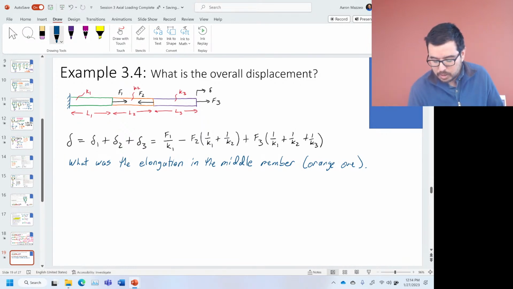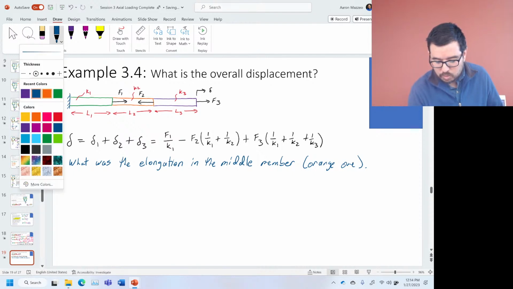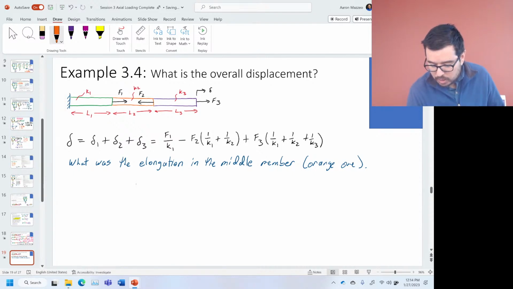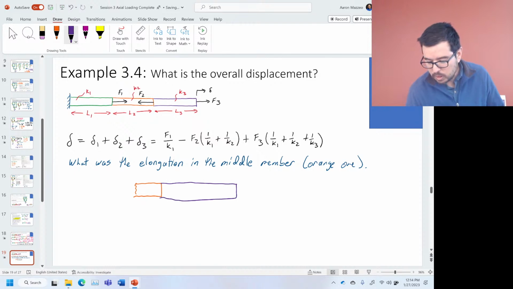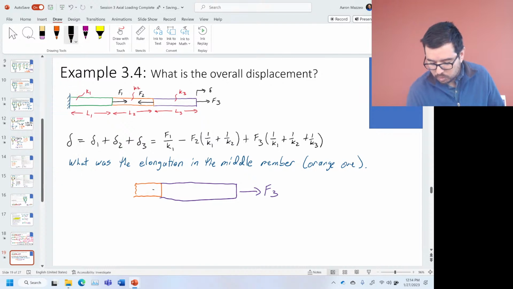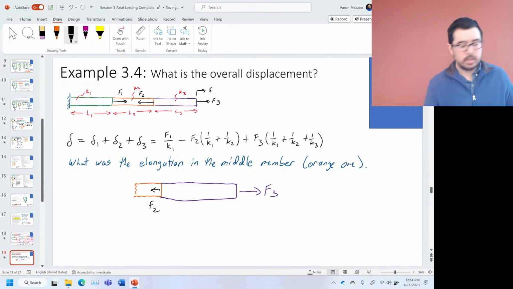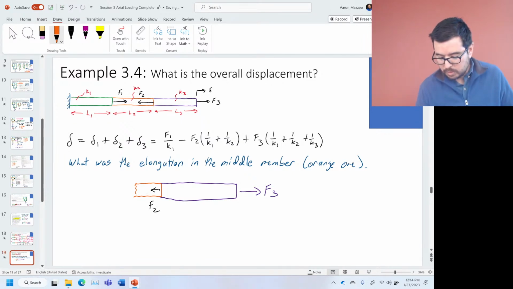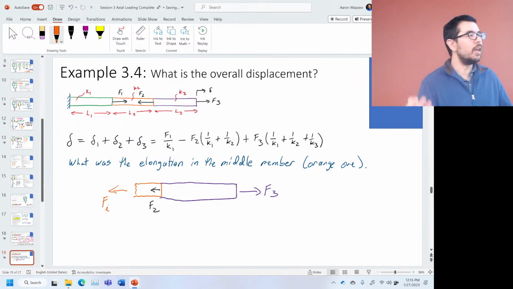So what I suggest is that we do a cut, just like this. There's an F3 there, and an F2 there, and I do equilibrium. Let's call the internal force Fi, F internal.